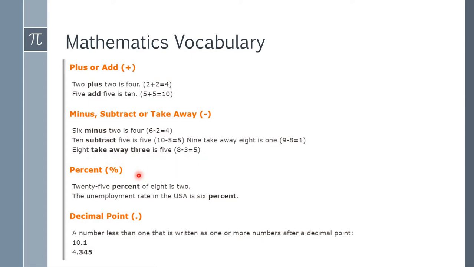The third one is percent. 25% of 8 is 2. The unemployment rate in the USA is 6%. Decimal point: we use a dot as the representation for the decimal point. It is a number less than 1 that is written as one or more numbers after a decimal point. So we can have 10.1 or 4.345. An application is in our monetary denominations, the cents, the centavos.